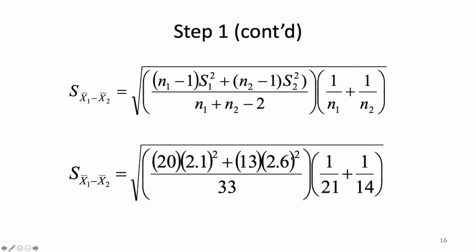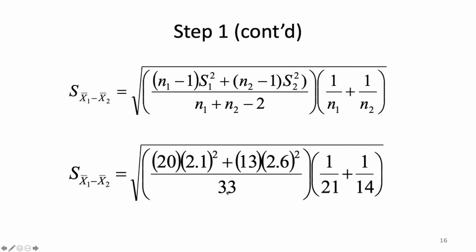Now this stuff over to the right, this is the sample size weighting mechanism for when the samples are different sized. If they are the same exact size or a very similar size, this last parenthetical expression is not really even needed. And then 33 would be the sample size of 1 plus the sample size of 2 minus 2.